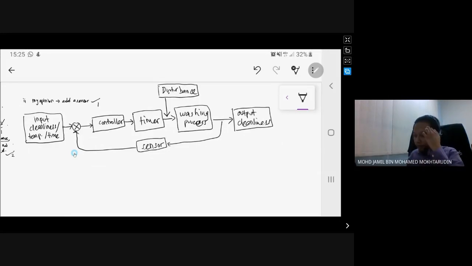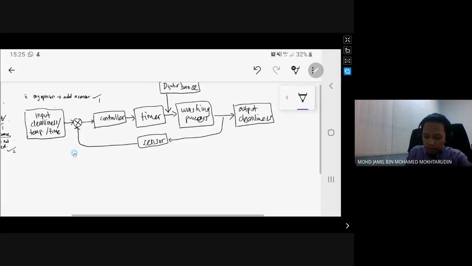So if you have the elements of the control system, which are the input, output, the plant, so the washing process or washing machine is the plant, and you have the controller. If you have these 4 things, input, output, the process, and the controller, you get 1 mark.